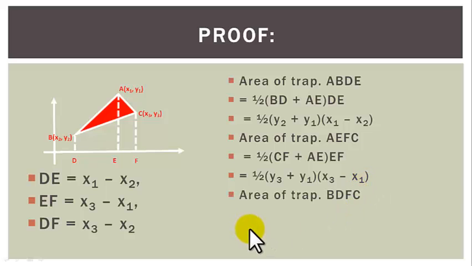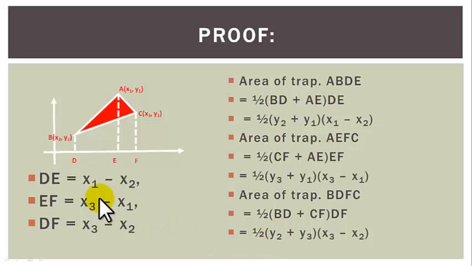And finally, area of trapezium BDFC is equal to half of (BD plus CF) times the height DF. This is equal to half into (BD is y2 plus CF is y3) times the height DF, which is x3 minus x2.